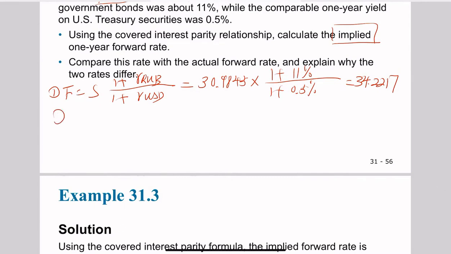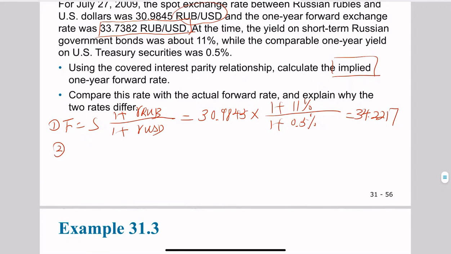And then the second one says compare this implied rate with the actual rate. And you can see that the actual rate is about 33, right? So basically the implied rate is larger than the actual rate, right? So why do we see this?